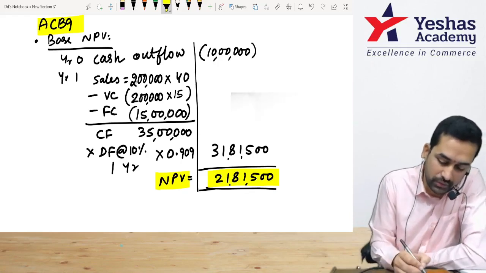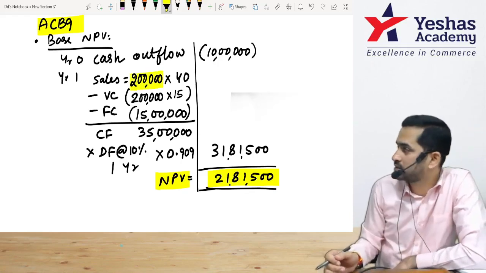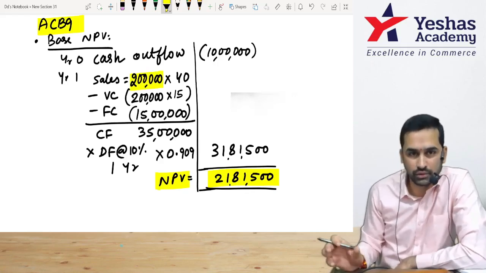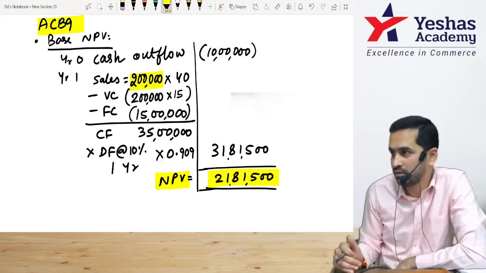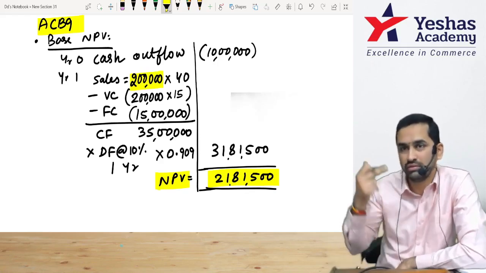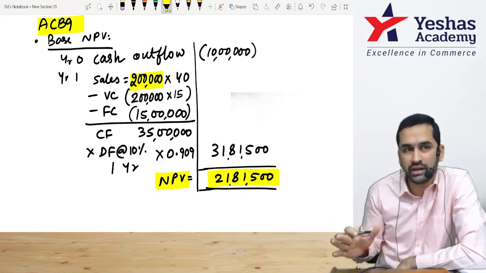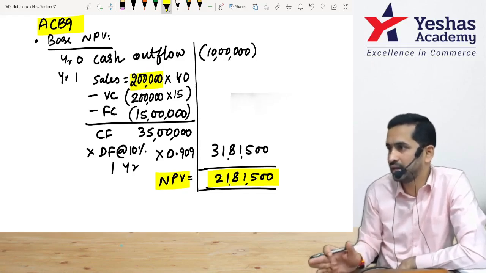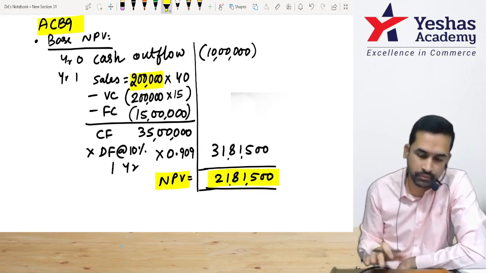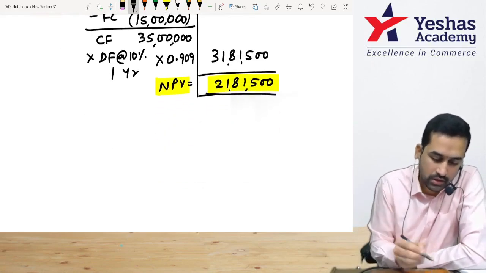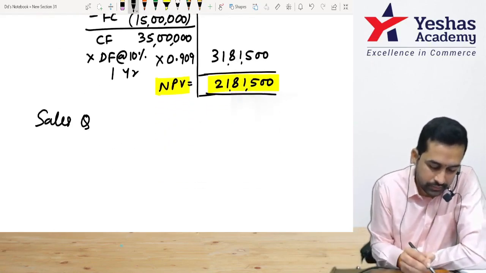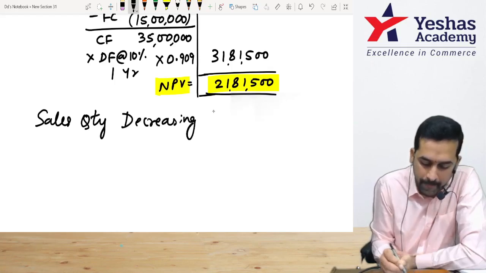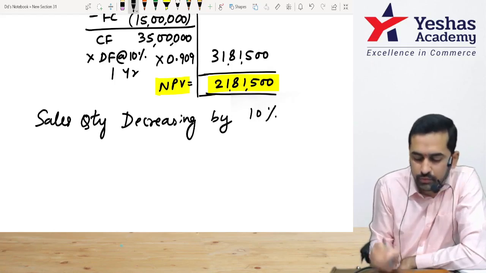Now you have to start from the first item, which is sales quantity. You have to change this now by 10%. So 2 lakh going down is adverse. That means you have to rework the full NPV by taking 2 lakh minus 10% as your sales quantity, which is 1 lakh 80,000. Correct? Start now. Sales quantity decreasing by 10%.